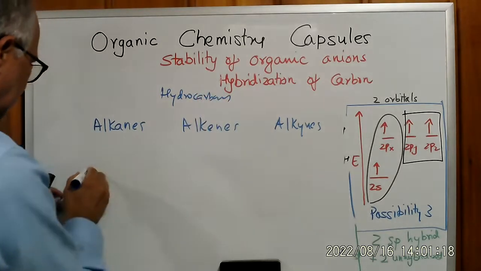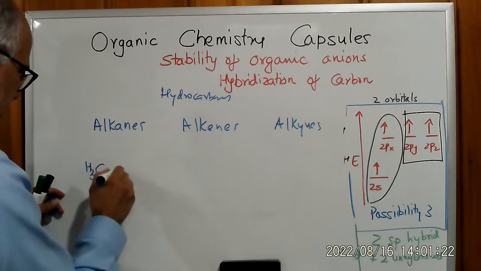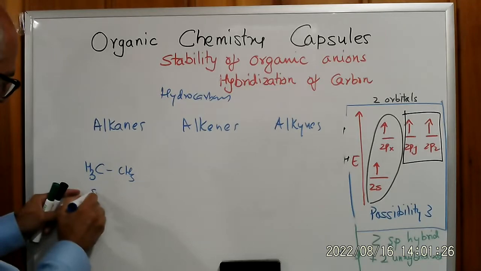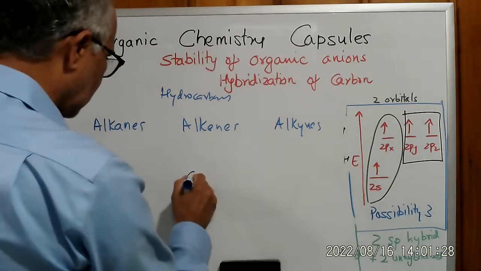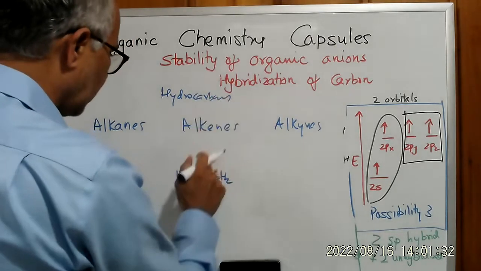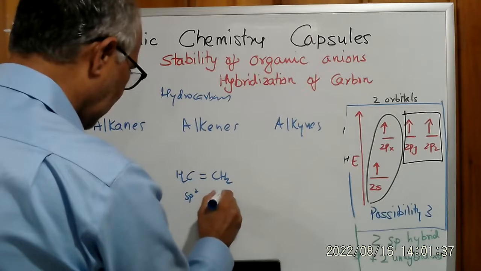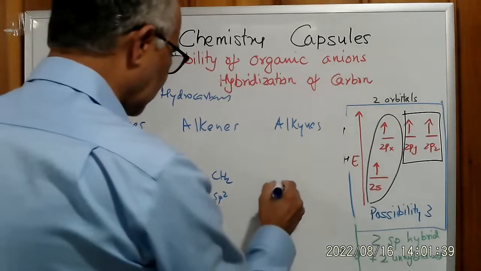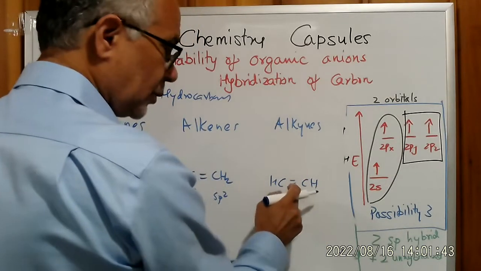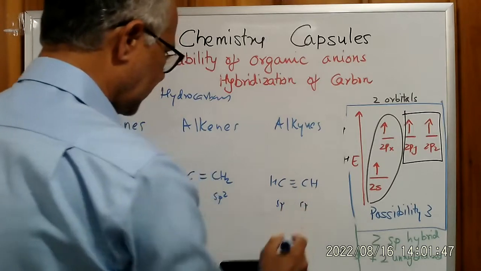An alkane example could be a simple one, CH3, where the carbon is sp3 hybridized. Alkenes are hydrocarbons with one or more double bonds. In this case, the carbon is sp2 hybridized, and in the case of alkynes, you have compounds like this with a triple bond, and the carbon is sp hybridized.